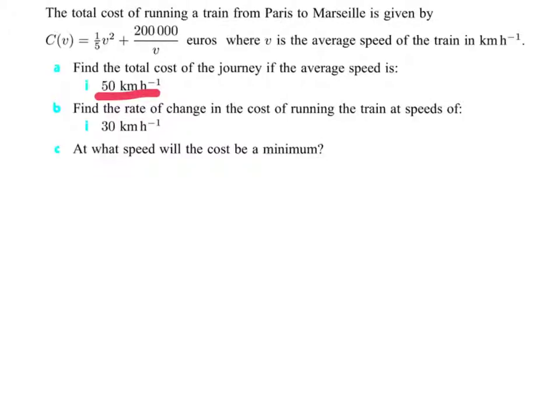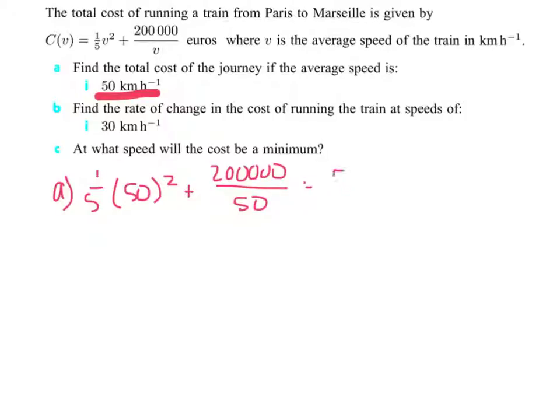So we have 1/5 times 50 squared plus 200,000 over 50, which would be 500 plus 4,000, or 4,500.